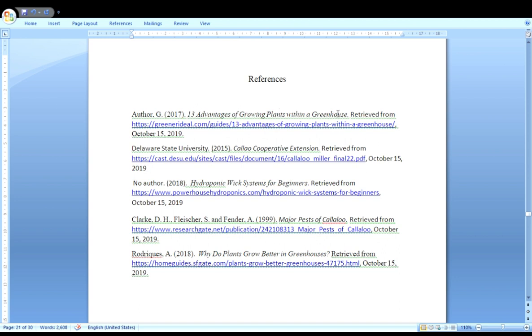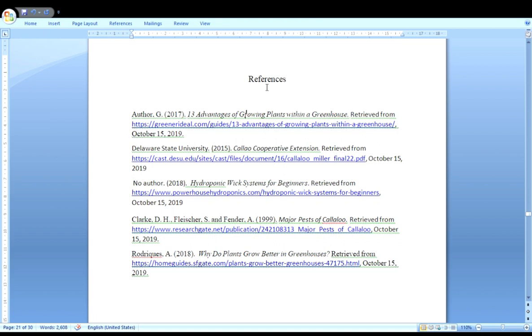Please note that the title of the article should be italic, and then full stop, and then what you should have is "Retrieved from". You go to the URL of the article, copy it and paste it here, and then you put a comma and the date. You take off this information or URL, you put the date here, October 15, 2019, full stop. So that's the reference for your first quotation.